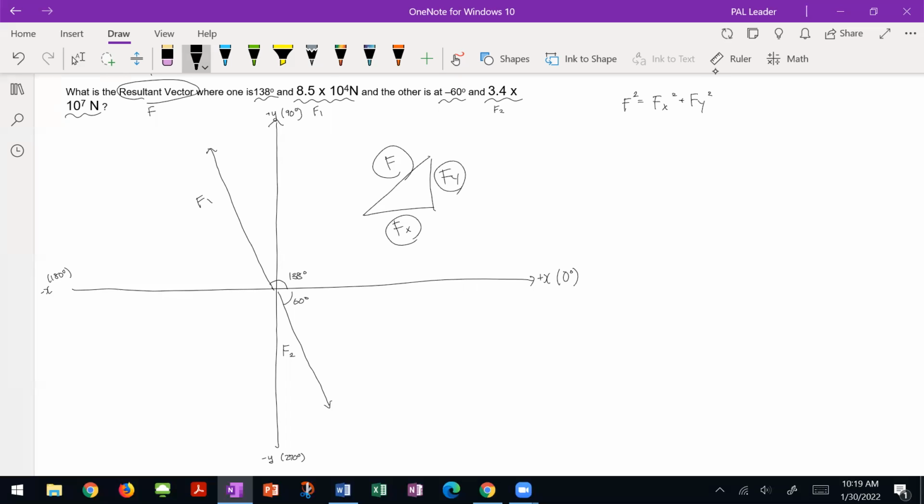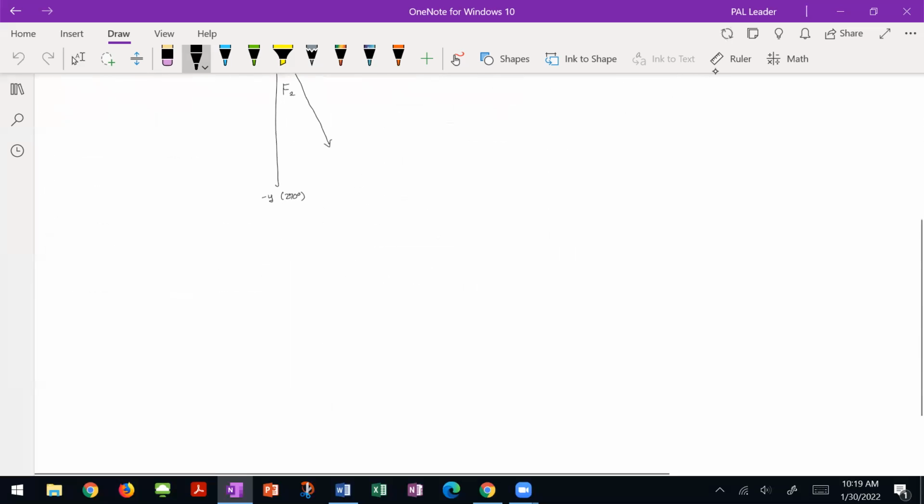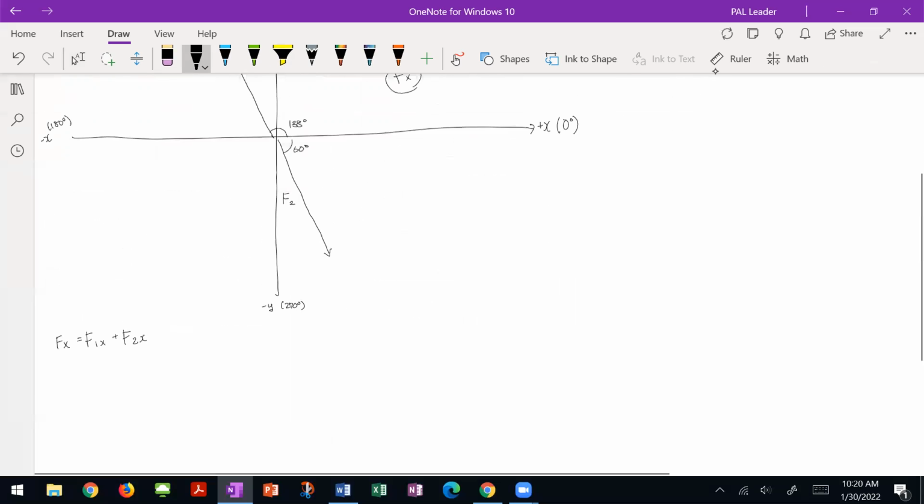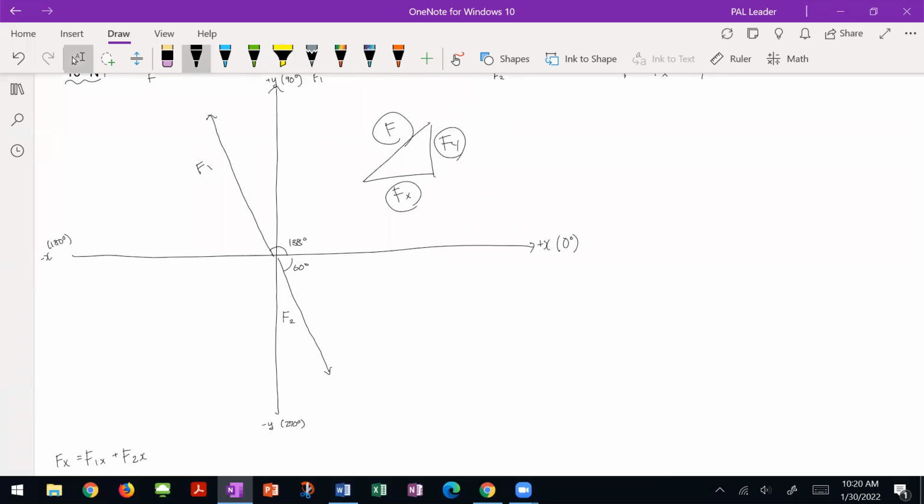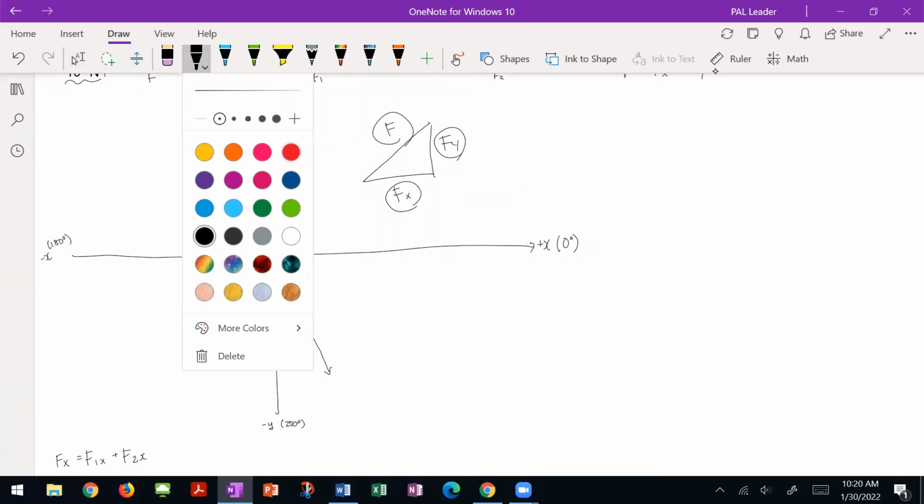So I need to find what Fx is. Fx, we can find that through the sum of the x component forces we have. So we have F1x and F2x. Let's find each of these. I'm going to write this part in red.